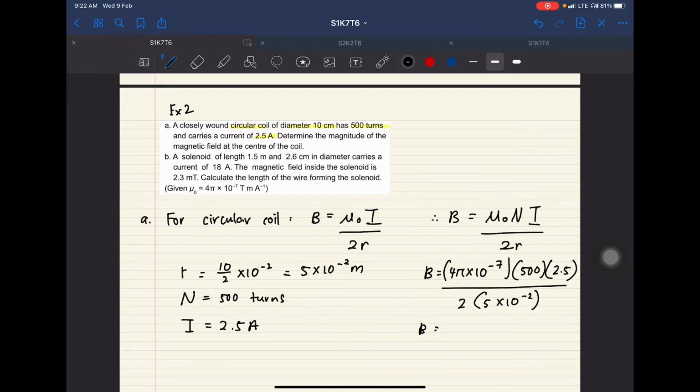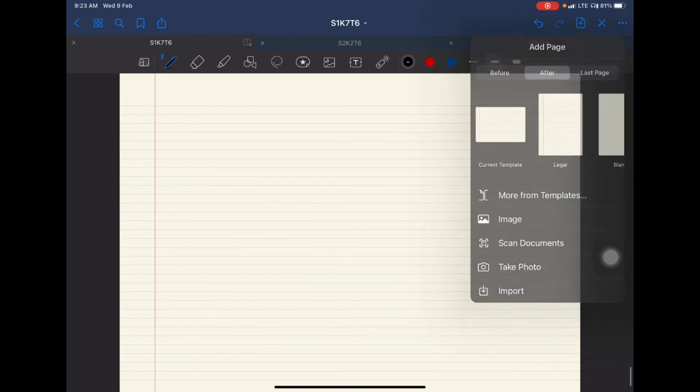So I got here is 1.57 times 10 negative 2. And the unit here will be Tesla. Okay, so here it doesn't give you any direction, so you don't have to determine the direction. If they did give, then you have to determine.